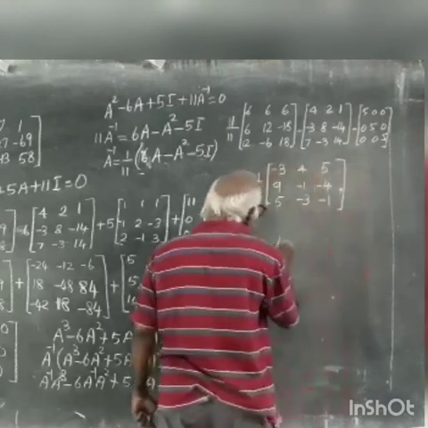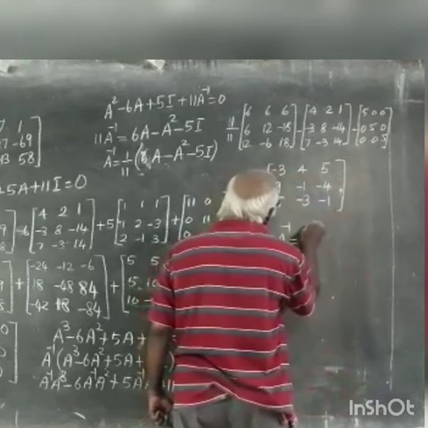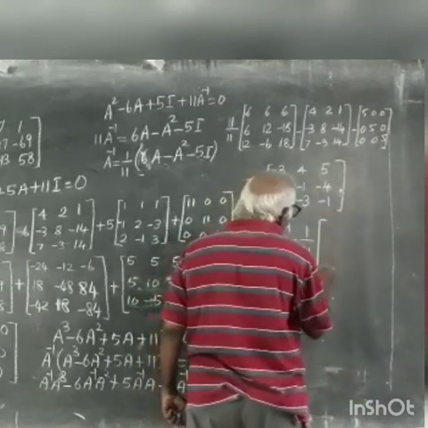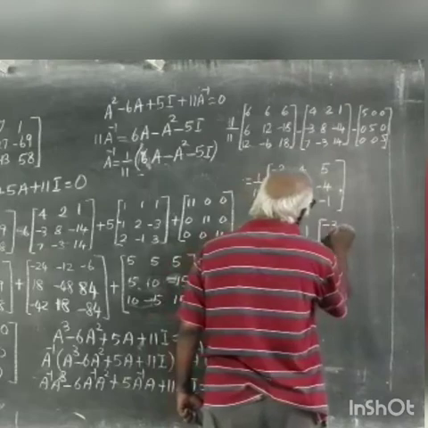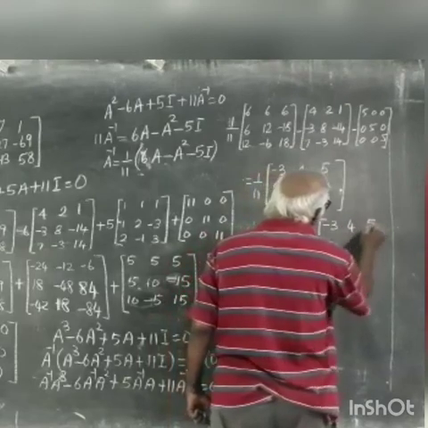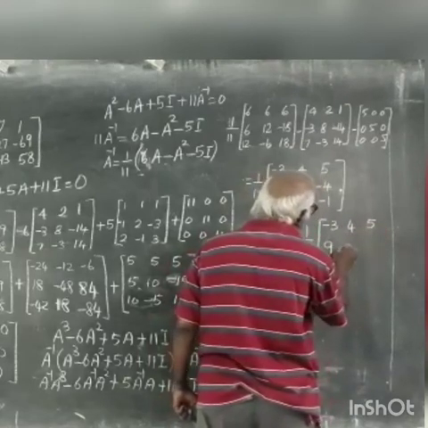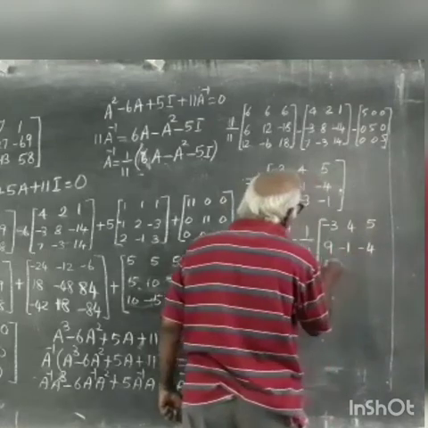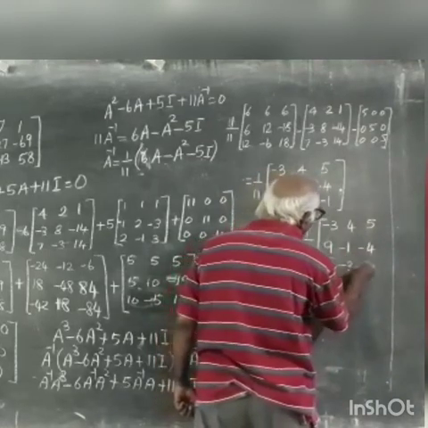That's all. This is A inverse. A inverse is equal to 1 by 11 into minus 3, 4, 5, 9, minus 1, minus 4, 5, minus 3, minus 1.